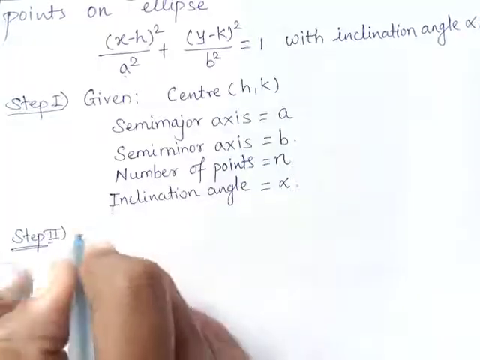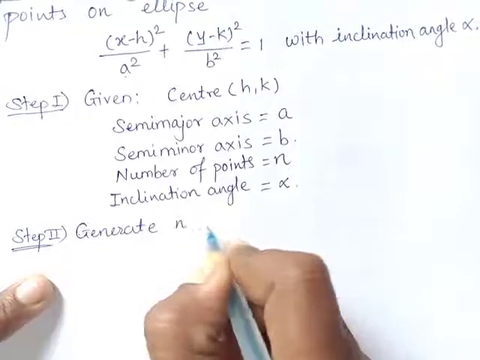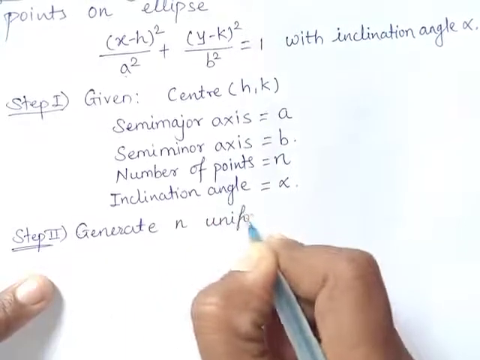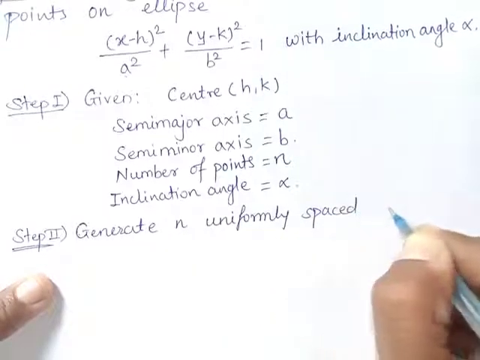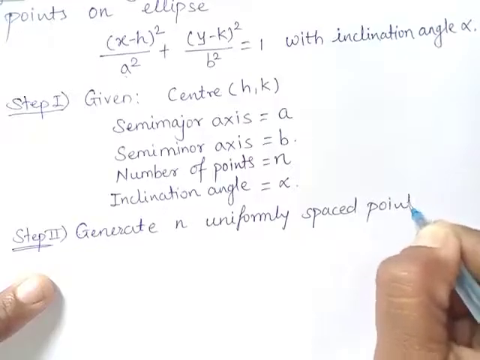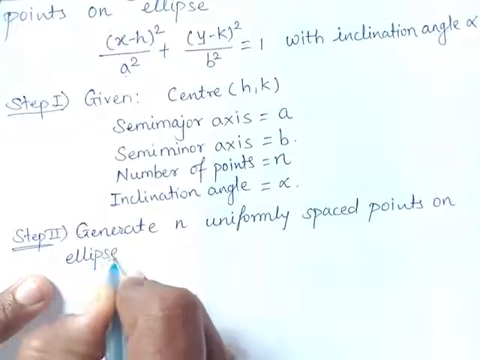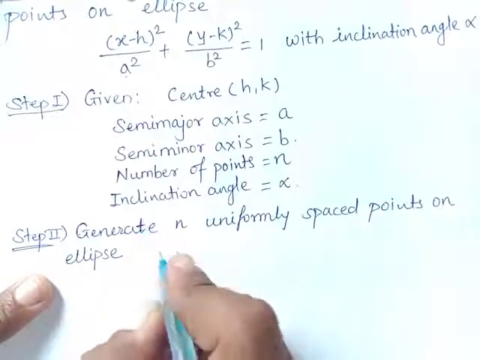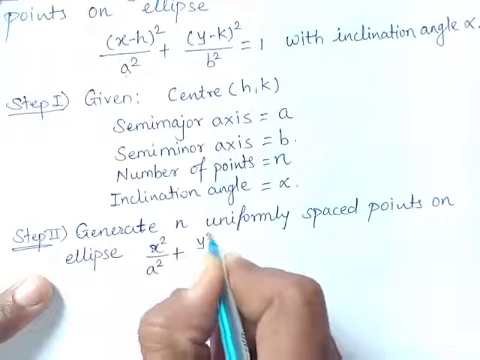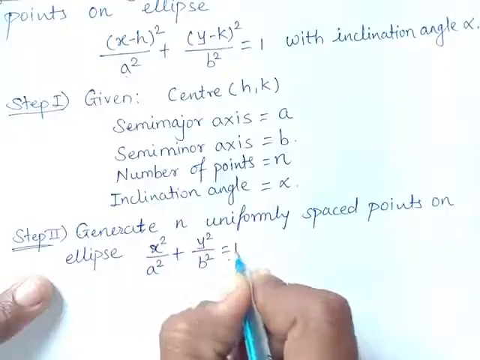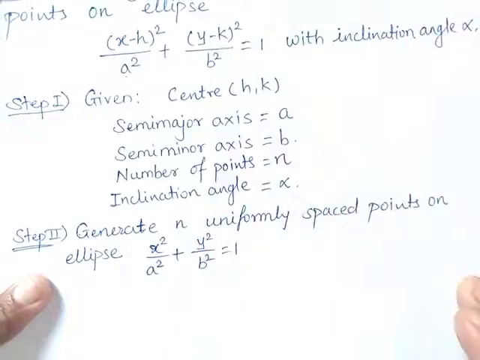Now step 2: generate n uniformly spaced points on the ellipse x square upon a square plus y square upon b square equal to 1, using the above algorithm or the algorithm in the previous video.